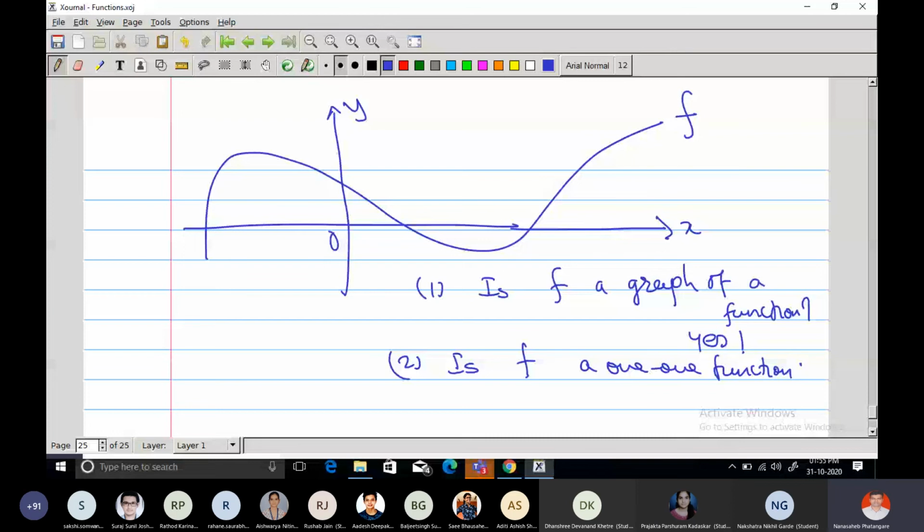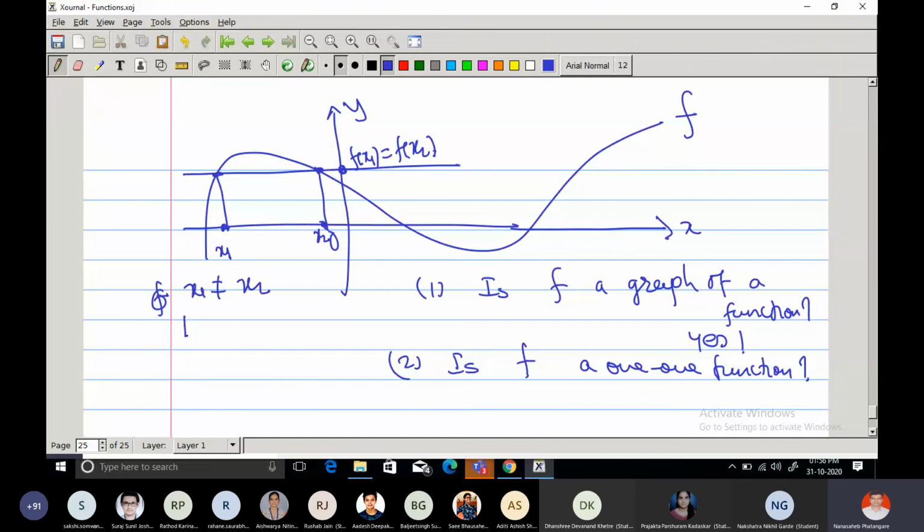No, right? Because if you draw a horizontal line, then what happens? I will get 2 points x1 and x2. And what is f of x1? This height is f of x1, which is the same as f of x2, because these 2 points are at the same level. So x1 is not equal to x2, but f of x1 is equal to f of x2, and there are many such pairs x1, x2, and therefore this is not the graph of a one-one function, right?